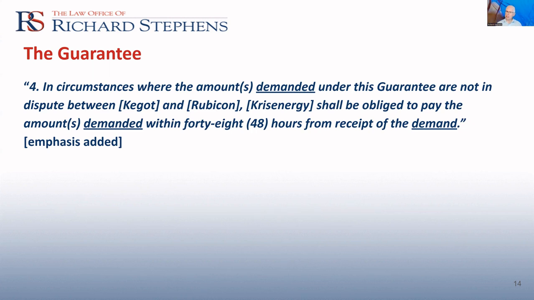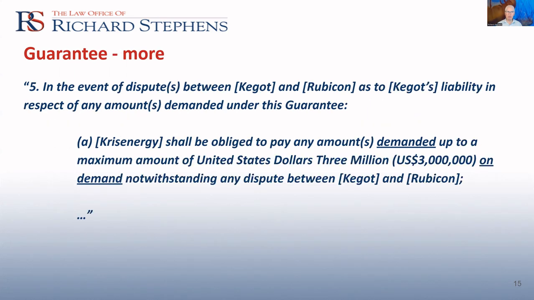Okay, as I say, that doesn't apply because there was a dispute as to these 4 invoices. Well, in that case, we go to little a. Chris Energy shall be obliged to pay any amounts demanded up to a maximum amount of $3 million US on demand, notwithstanding any dispute between the counterparties to the charter party.